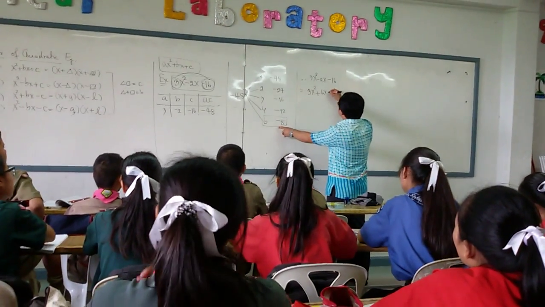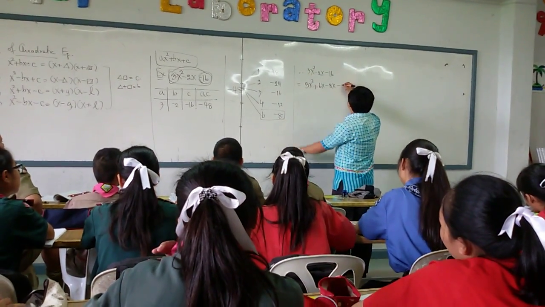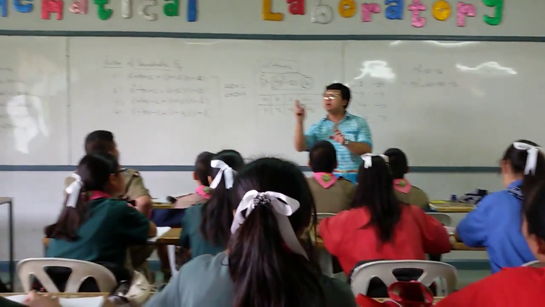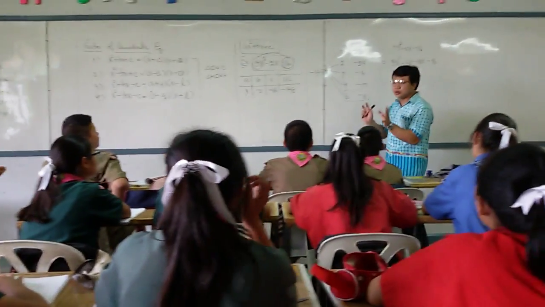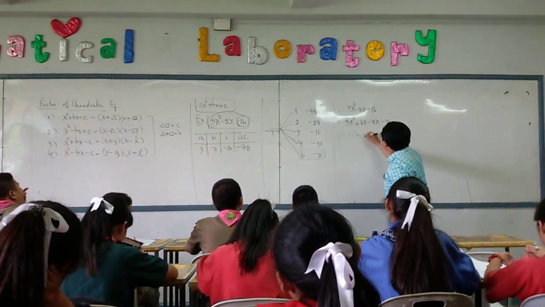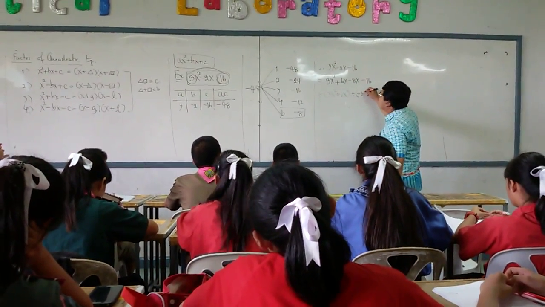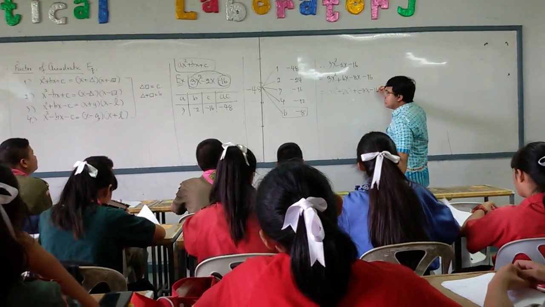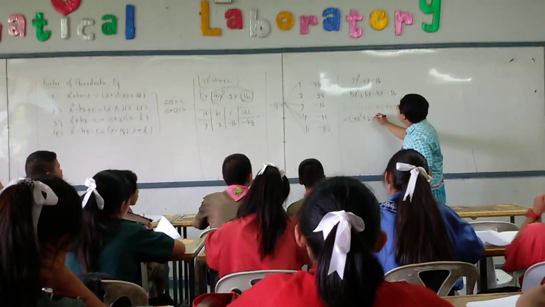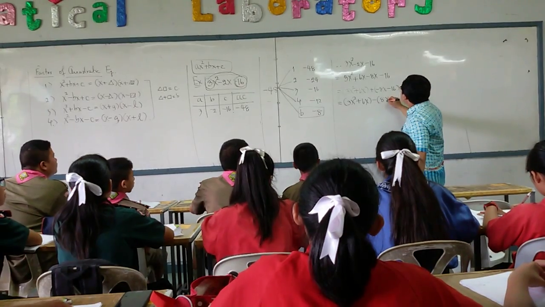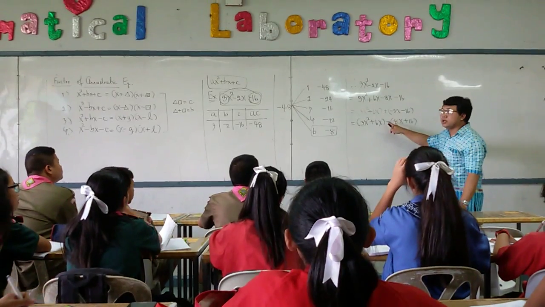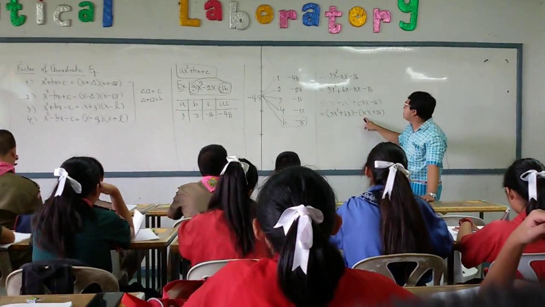plus 6x minus 8x minus 16. Then we separate into two parentheses, แบ่งออกเป็น 2 กลุ่ม, by grouping factor: 3x squared plus 6x and minus 8x minus 16. Why? Because negative times positive is negative.